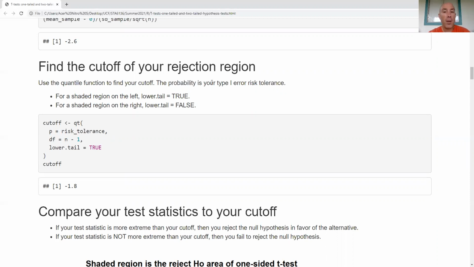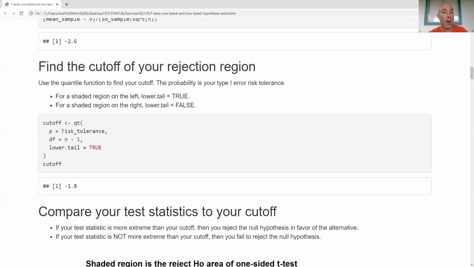The probability is the tolerance of a type 1 error risk that I have. Now, when I'm finding my rejection region, if my shaded region is on the left, that is lower tail equals true. If my shaded region is on the right, that's lower tail equals false.